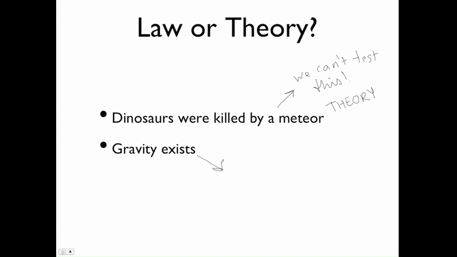We can test gravity. Okay, you can drop a pencil as much as you want. We can test this. So it is a law. Okay, so these are kind of two different examples of things that could be a law or a theory.